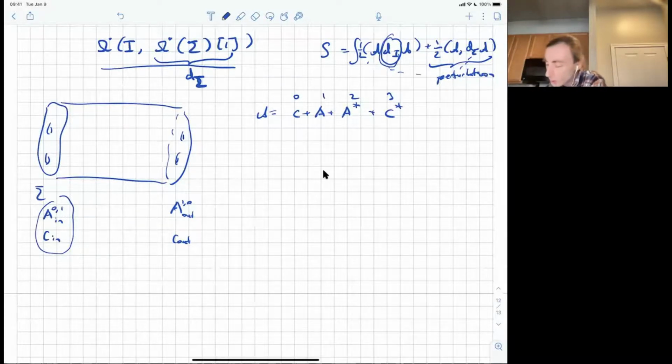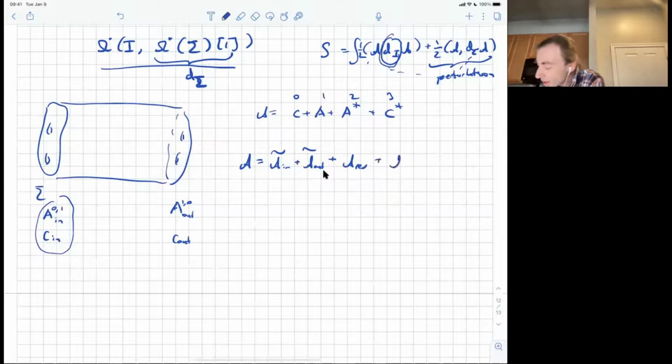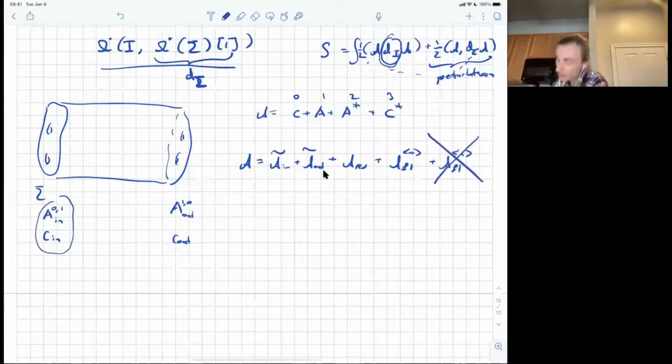And then again, you play this game. You expand your superfield, the extension into the bulk of the boundary fields, plus the residual fields, which I need to tell you what they are, plus the fluctuations. The fluctuation has the 0-form component along the interval and the one-form component, and on the gauge fixing, the one-form component will be killed.